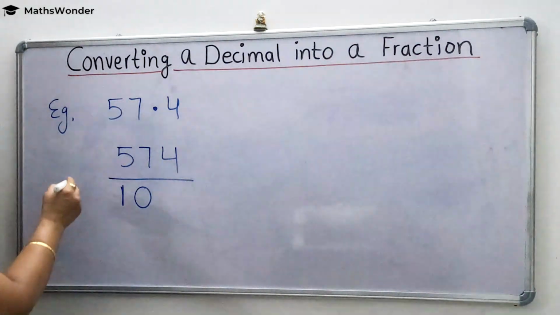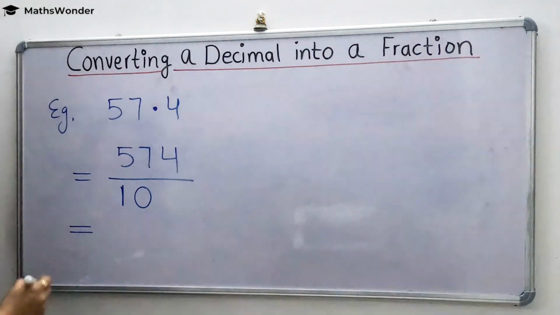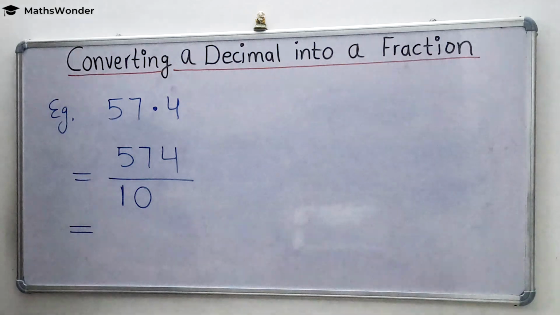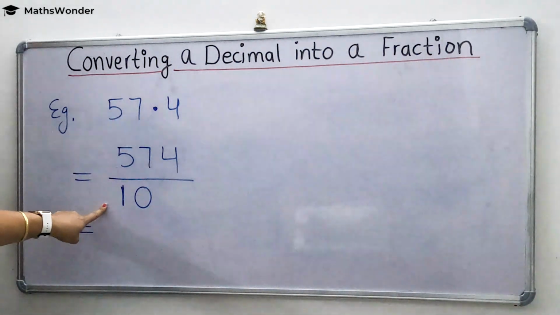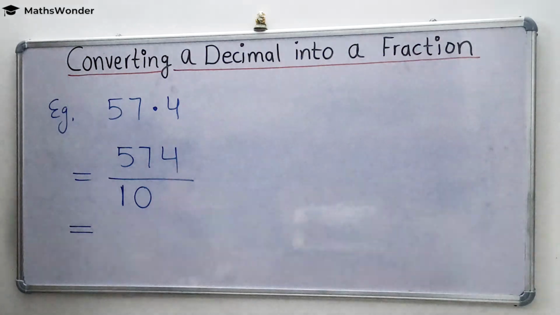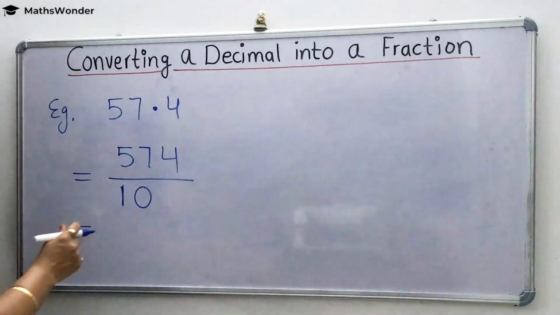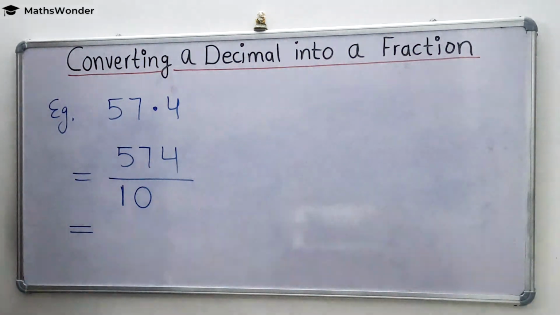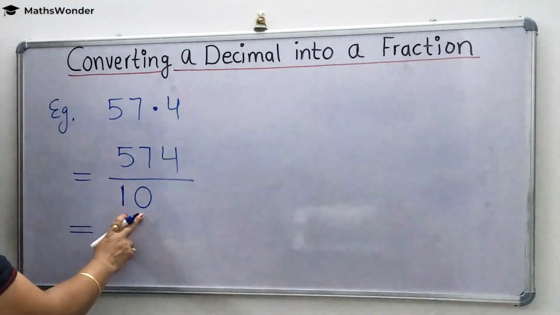The second step is, if possible, definitely reduce the fraction to its simplest form. Here the denominator is 10, so I'm giving a short trick to write it as a mixed fraction.